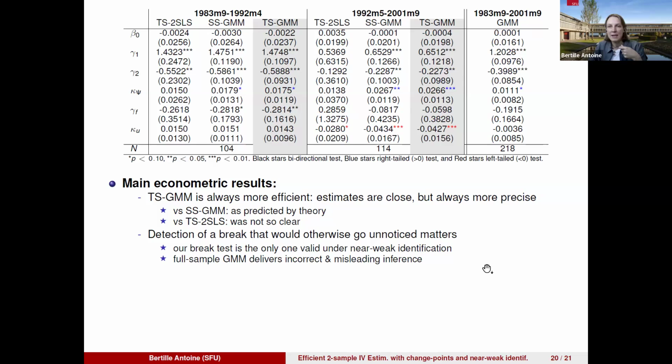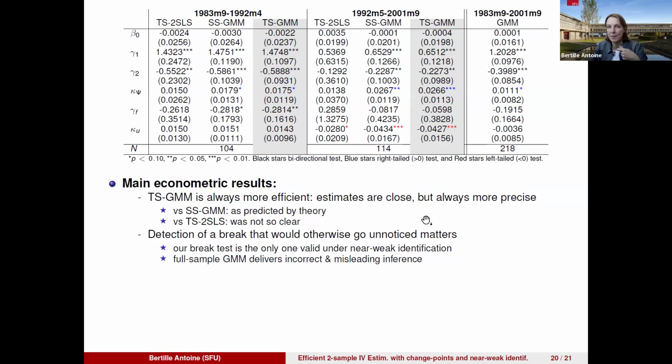The second level is that in terms of estimates, the three different methods tend to be close to each other. Once we have detected and estimated the breaks, the three possibilities deliver estimates of the slope parameters in the main equation that are really close to each other. Of course, this is what you expect because they are all converging to the same thing at the same rate.